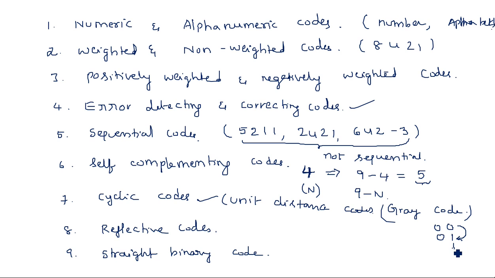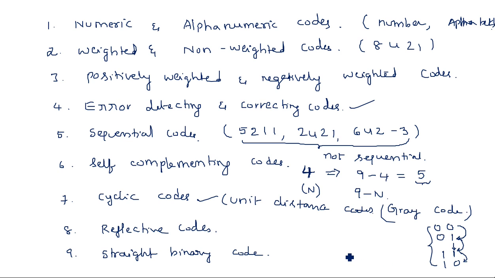And again 1 should be followed here, and the next number is 1 1. That is only one unit of distance. See, 1 is the same but 0 is converted into 1. Next, the number 1 is converted again into 0. This is a unit distance code. Example, gray code. This particular data which I have given here is nothing but a gray code.